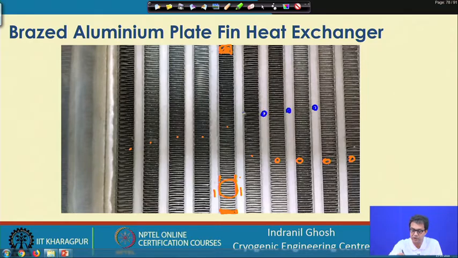This is another sidebar, these are the sidebars, and the fluid is not able to mix with the fluid flowing on the other side through this channel. So, basically this is again a cross flow type heat exchanger, where both the fluids are unmixed. You can understand that this is of slightly longer length than this particular one. So, this is wider, this is smaller.